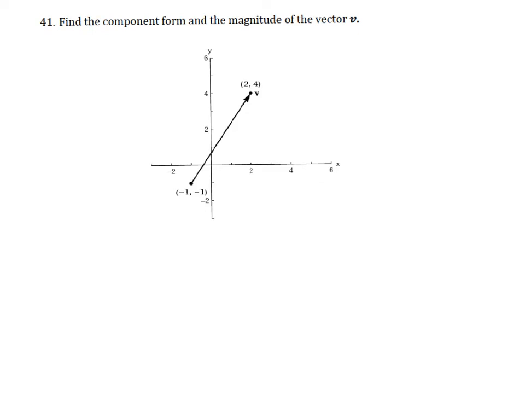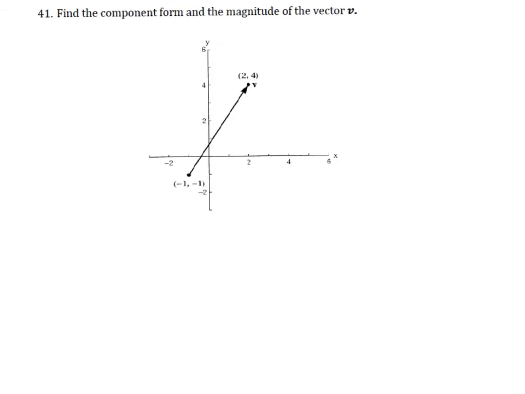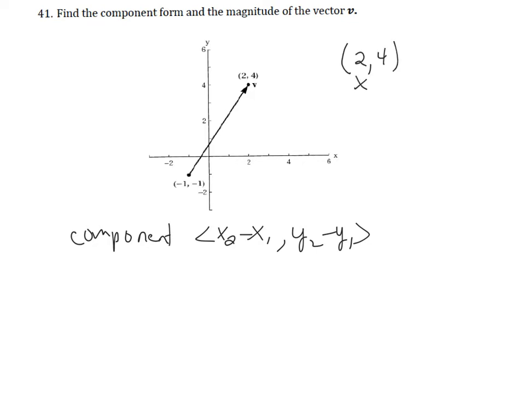To find the component form of the vector, if you know the points, we think of that as x sub 2 minus x sub 1 and y sub 2 minus y sub 1. So we want to make sure that your ending point is x sub 2, y sub 2, so 2, 4, and -1 is x sub 1, y sub 1.